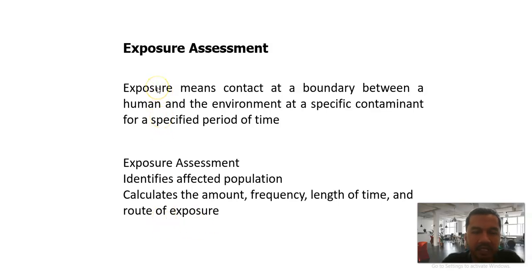Exposure means a contact at a boundary between humans and the environment with a specific contaminant for a specific period of time. So meaning that we have a contaminant, let's say endocrine disrupting compounds, and how long it is exposed, the duration of time the exposure occurs for the humans.